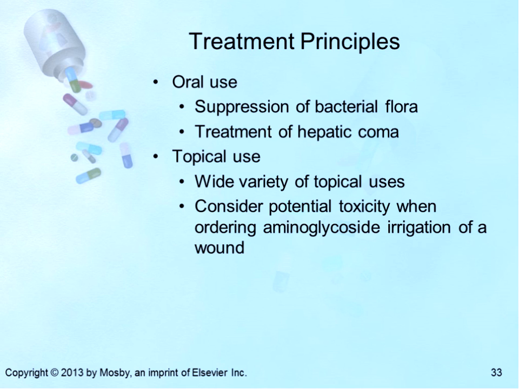For surgical procedures, as in gut sterilization, irreversible deafness or renal failure may result from extremely high concentrations in the blood. Death may occur as a result of neuromuscular blockade following irrigation of small and large surgical fields with the aminoglycoside preparation. You should consider potential toxicity when ordering aminoglycosides for irrigating a wound.